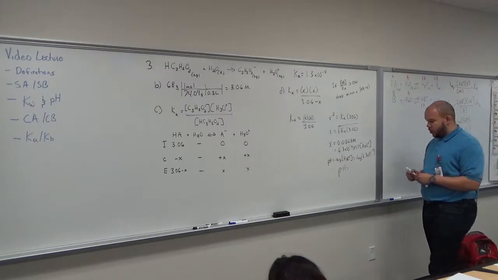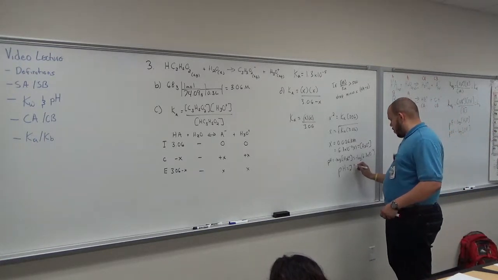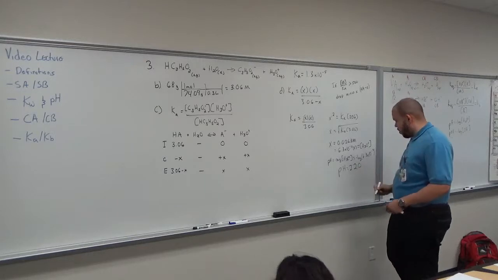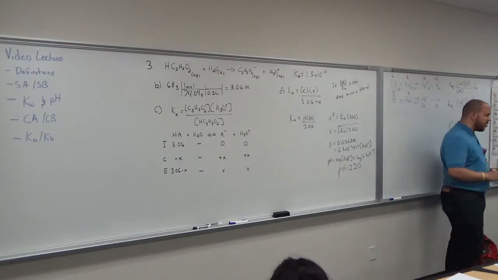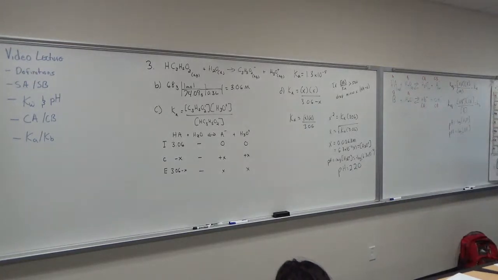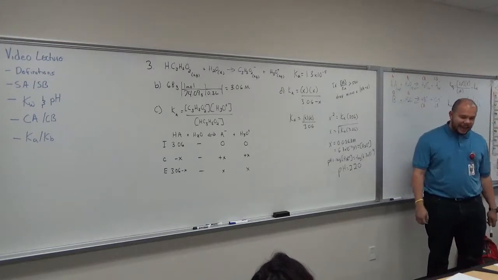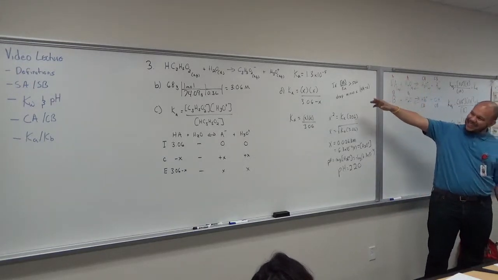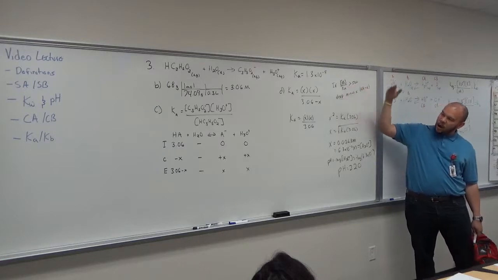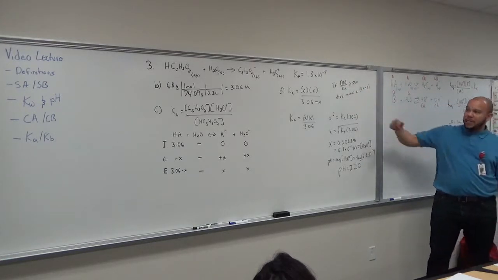Answer is 2.20. So we have an acidic solution once we dissolve that much propionic acid into water, deionized water. So that is acid taken all the way through step by step.